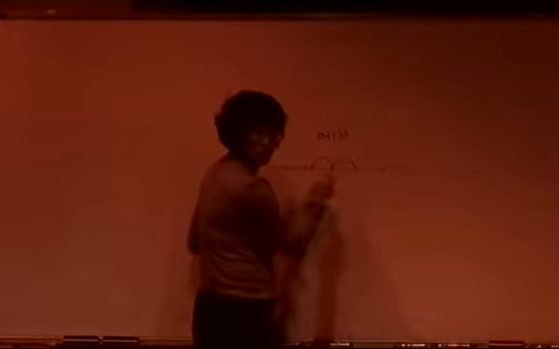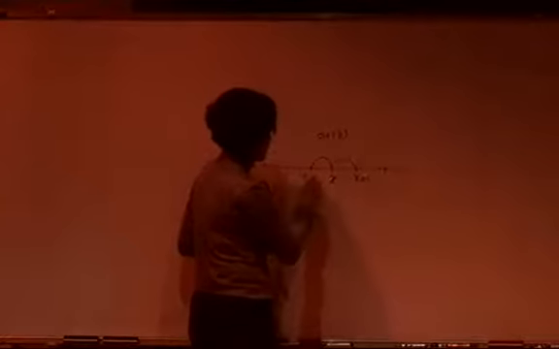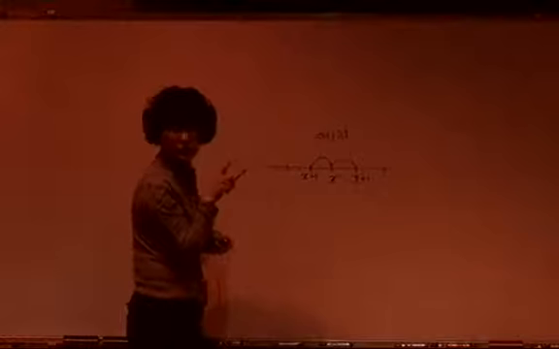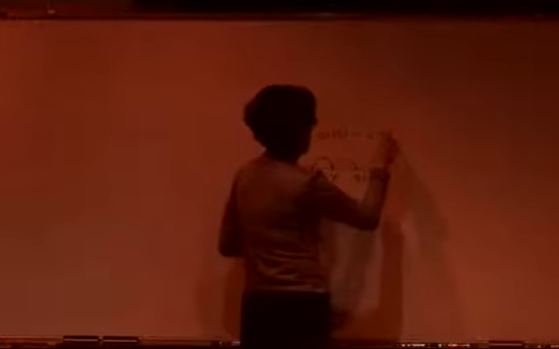We have only two nearest neighbors, x plus 1 and x minus 1 in one dimension. So this is u of x plus 1 minus u of x, minus u of x minus u of x minus 1.